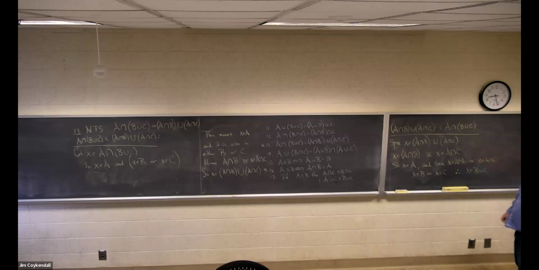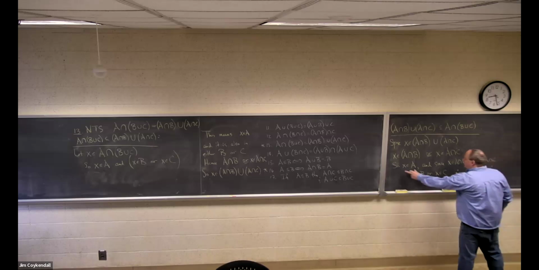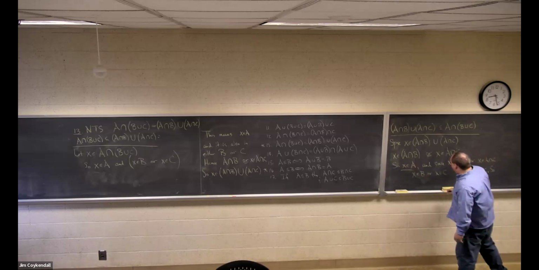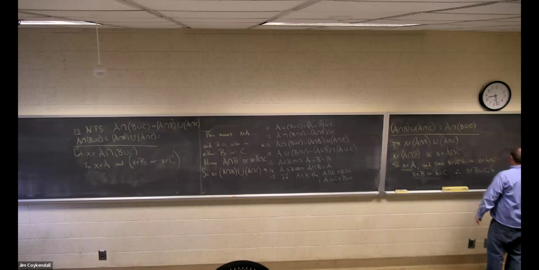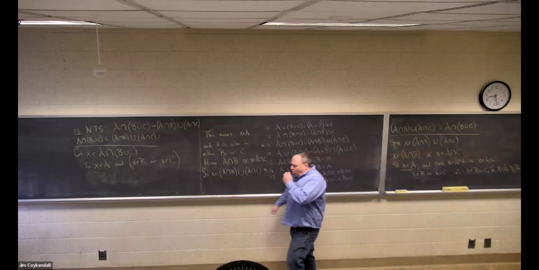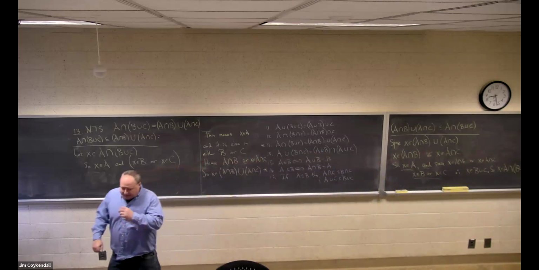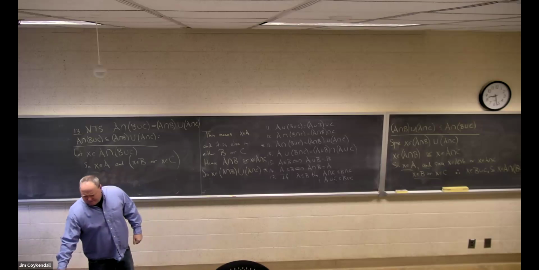X must be in B or C. So we have established X is in A, got that? And X is in B or C. Any questions on that? Any questions?